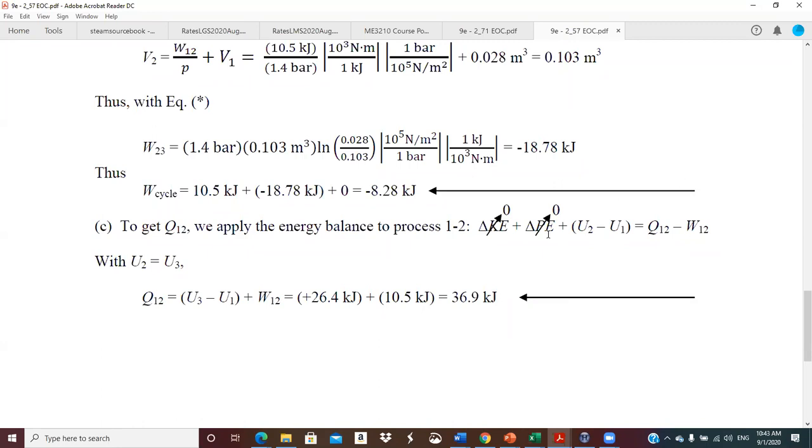No, I take it back. So Q is solving this with U2 equal to U3. So we know that, and bingo, we just plug in. We know the work, and so we get 36.9 kilojoules.